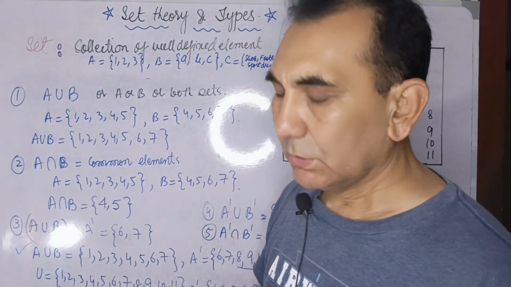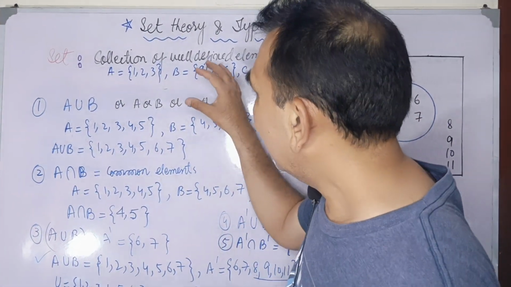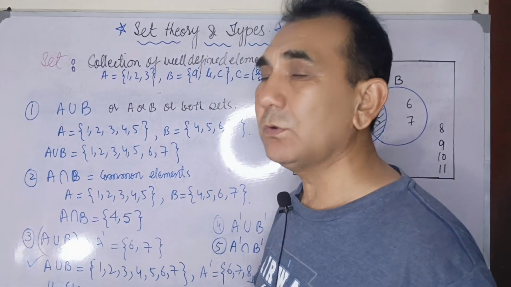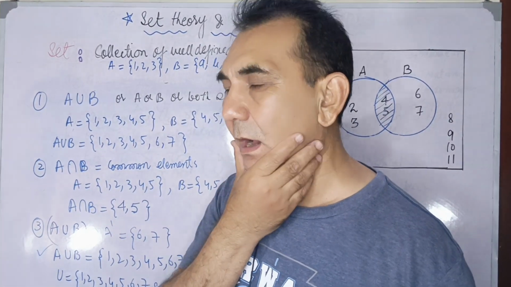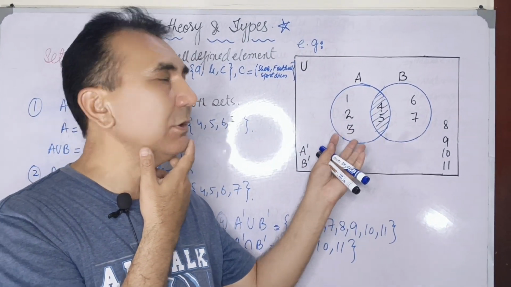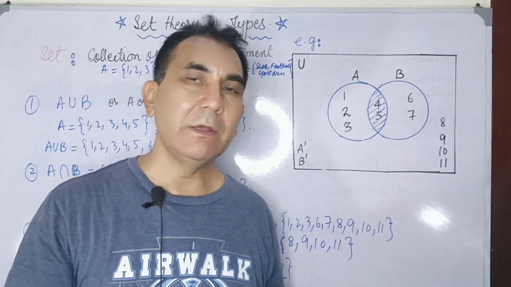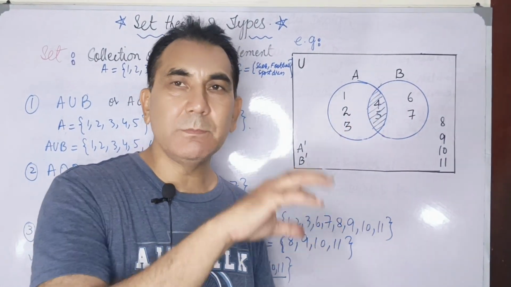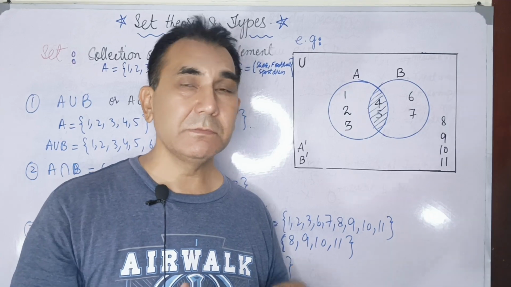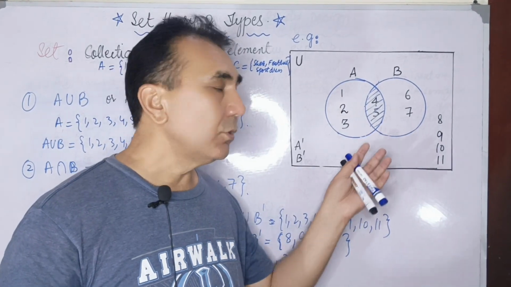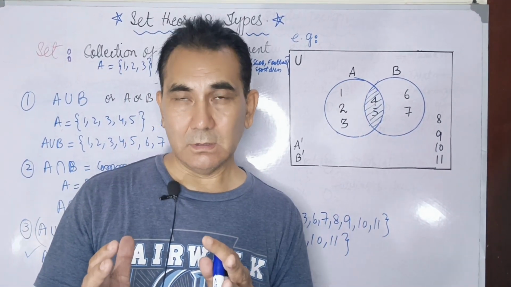The visualization of the set is always done by the Venn diagram. The Venn diagram is a rectangular shape in which set A, set B, set C, set D and so on may be drawn.